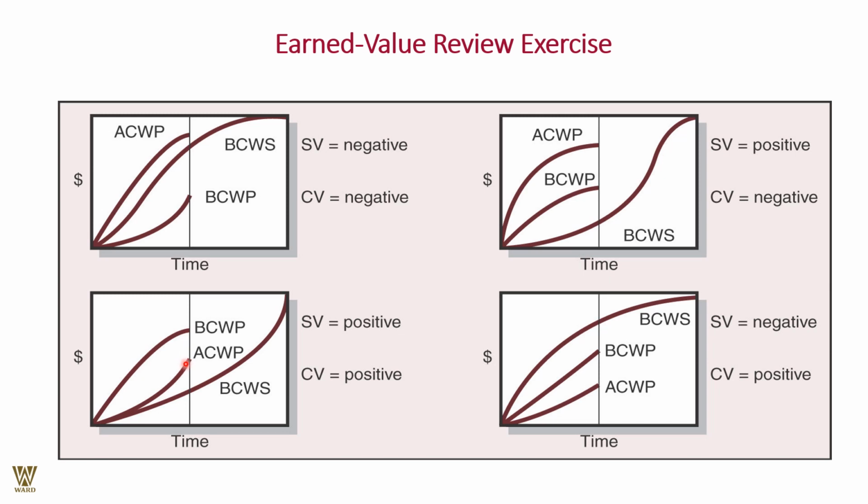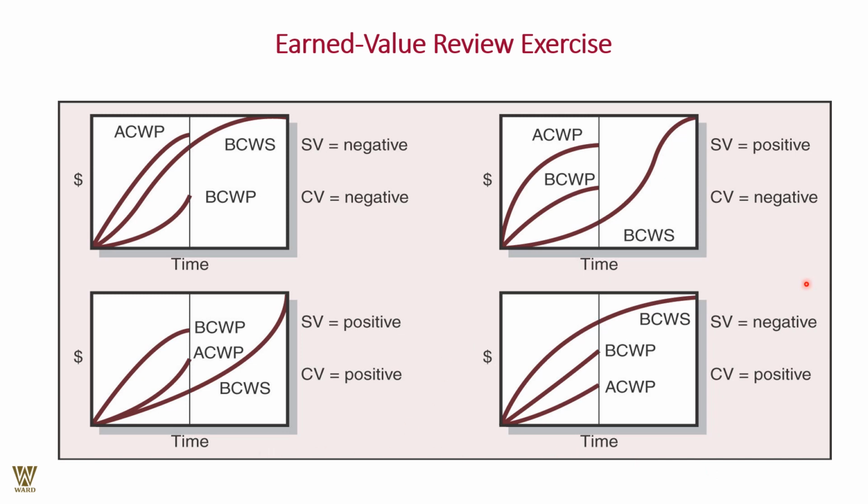But if the actual cost is below the budget cost, everything becomes positive. Remember, actual cost higher than the budget cost is bad. If actual cost is lower than the budget cost, the sales value is negative and the cost value is positive. This is the win-win situation.